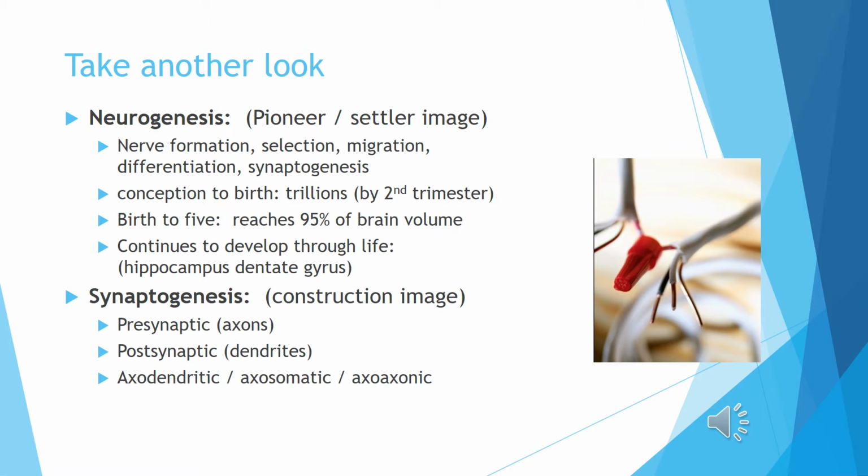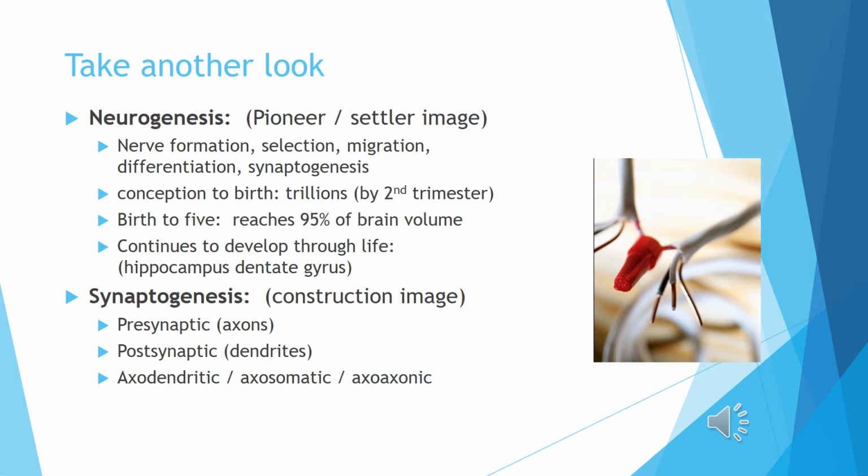So in utero, the greatest amount of development happens there, but it will continue throughout the lifespan. Nerves are formed from stem cells, and then they can be selected as good potential. And then once they're selected, as we'll see in the next couple of slides, they migrate into the region that they're going to settle, and then they differentiate which functions they will have.